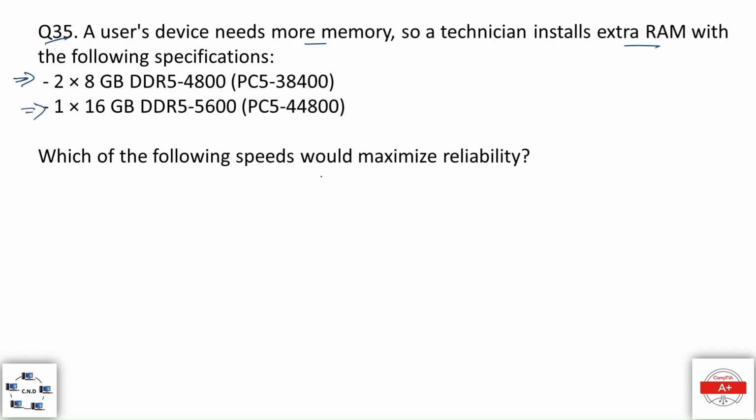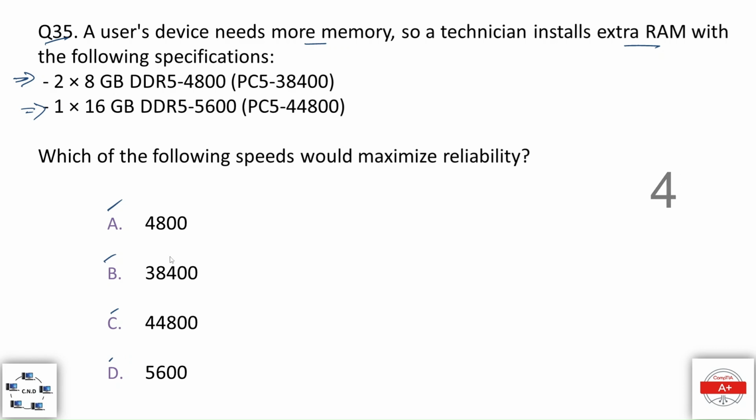Which of the following speeds would maximize reliability? The options are option A 4800, option B 38400, option C 44800, and option D 5600.